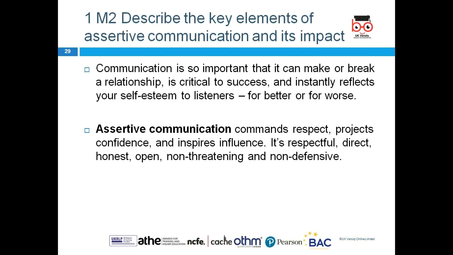So you just talk about why communication is important, how it can make or break your relationship, how it's critical to your success, and how it reflects on your self-esteem and also on the people that you're talking to.